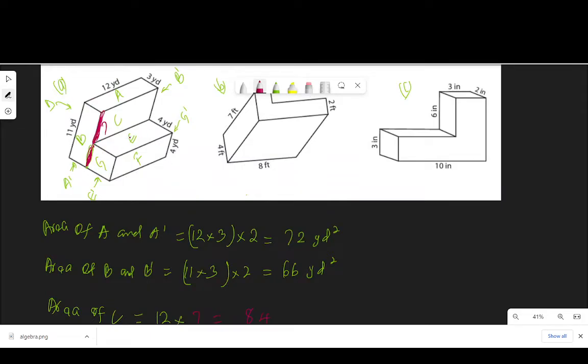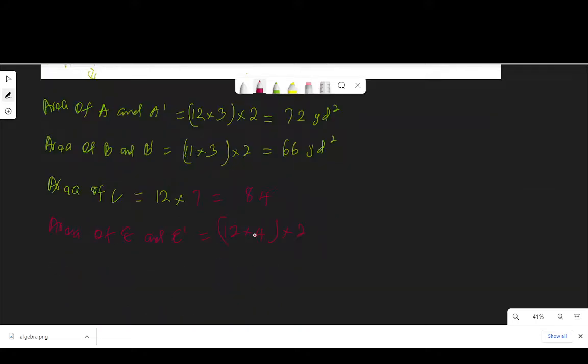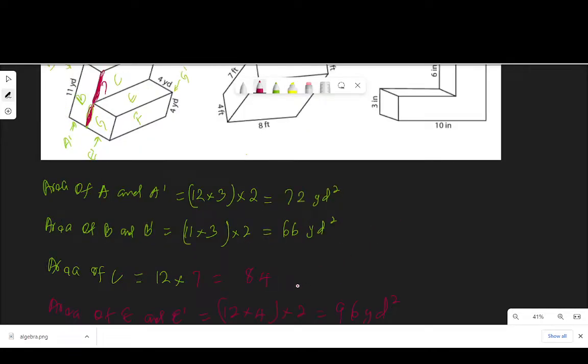E is the side you can see. E prime is the one hidden beneath. 12 times 4 is 48. 48 times 2 is 96 yard square.